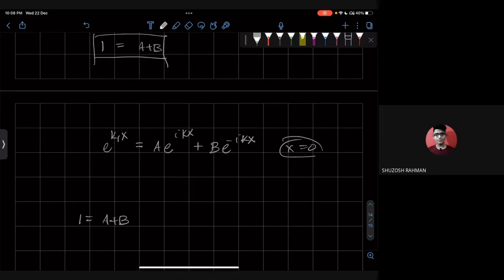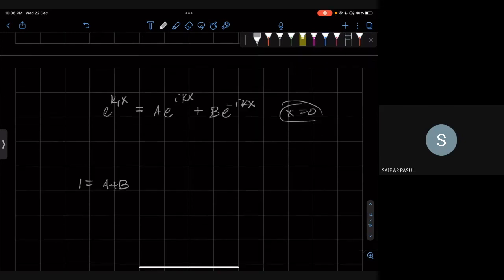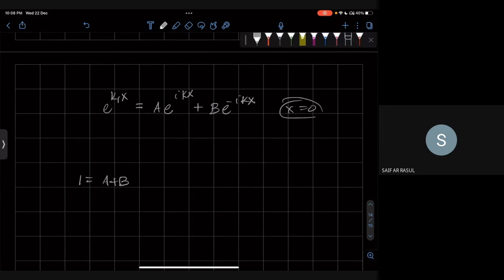So this is our first boundary condition, 1 is equal to A plus B. Okay, now if I take its derivative and set that boundary condition on the left-hand side, I'll get k1 coming down.